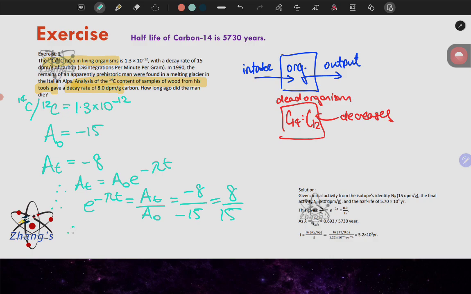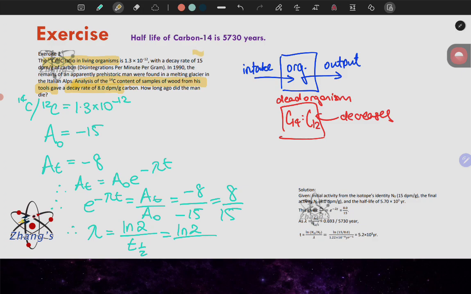And then you can solve for lambda, which is the decay constant. Lambda is ln 2 on t half-life, so it's equal to ln 2 on the half-life from the question.